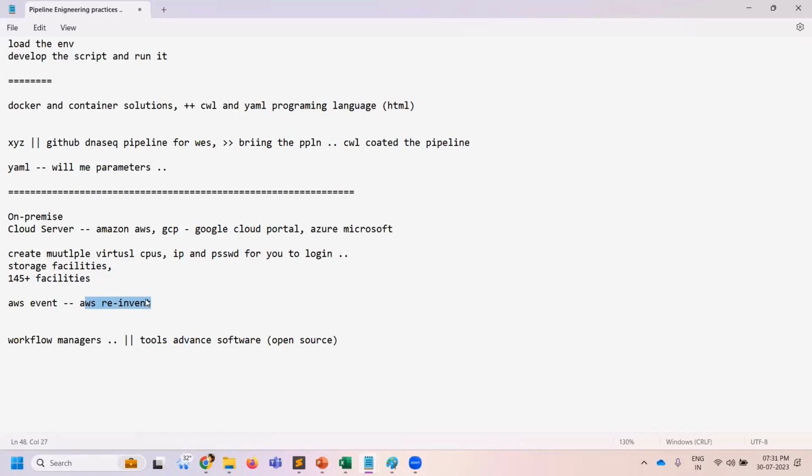For example, there is a company which was doing RNA-seq analysis, and per sample it was taking 2 hours. So if in a day they wanted to analyze 200 samples, it's 200 times 2 hours.